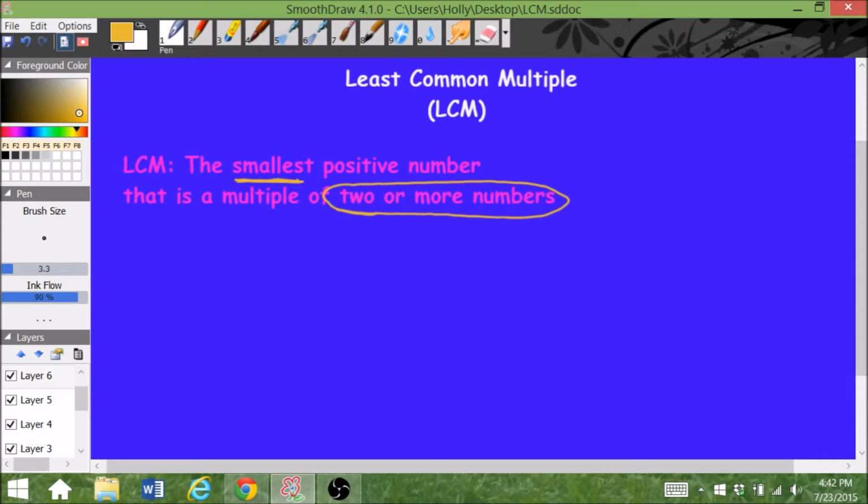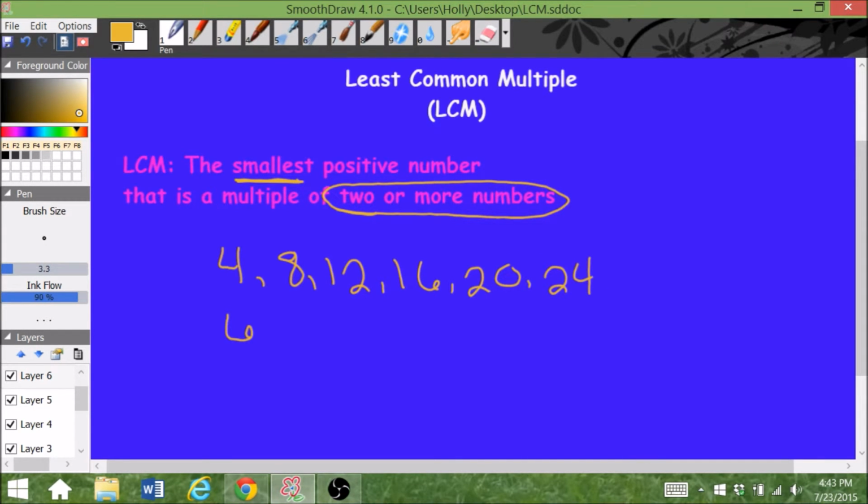So, let's find the multiples of 2 different numbers. Let's find the multiples of 4 and the multiples of 6. Well, if we count by 4s, 4, 8, 12, 16, 20, 24.